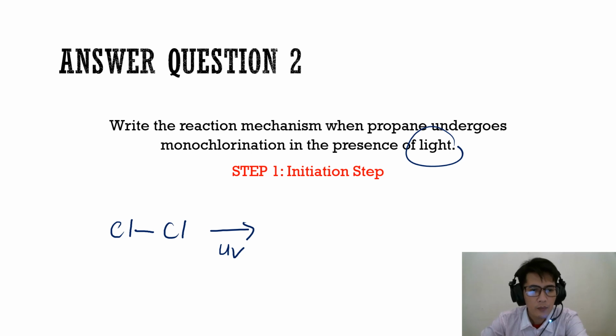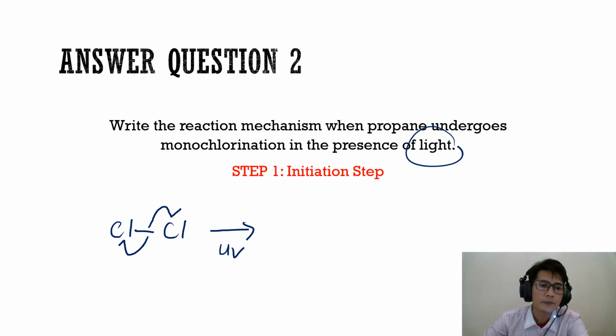The sigma bond between Cl and Cl will break, and the electrons will be equally shared between these 2 atoms. One electron goes to the chlorine on the right and another electron goes to the chlorine on the left. That's why we call it homolytic. Equal share.